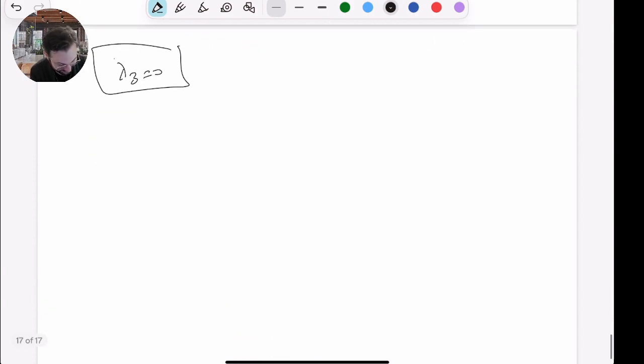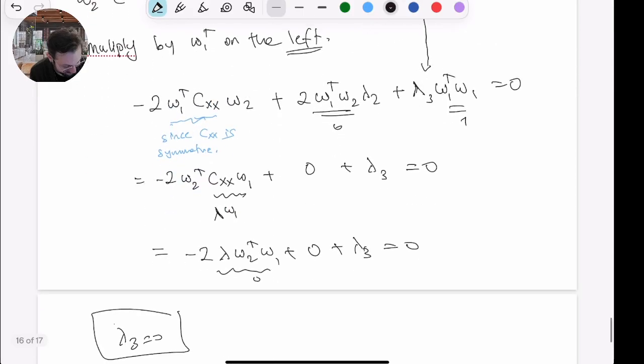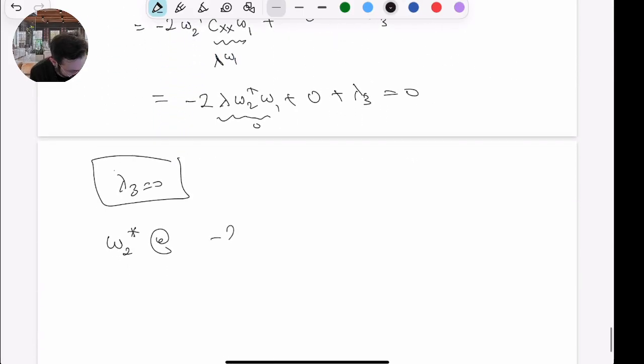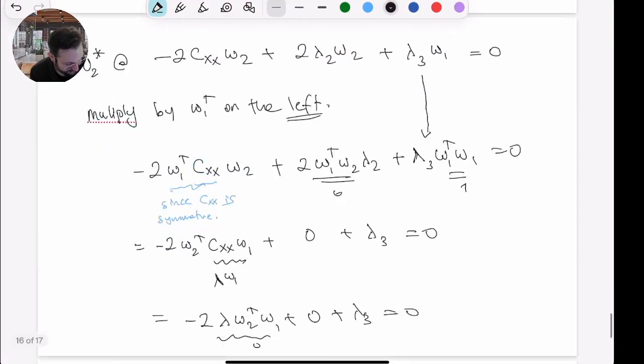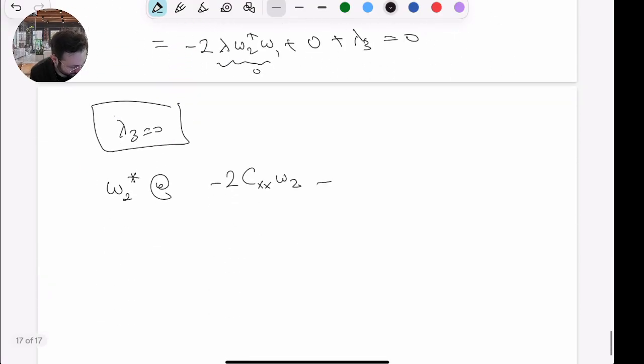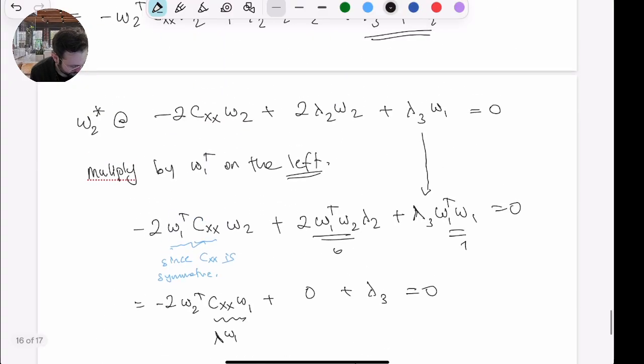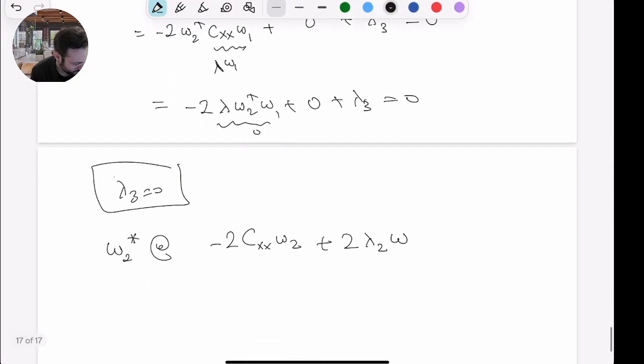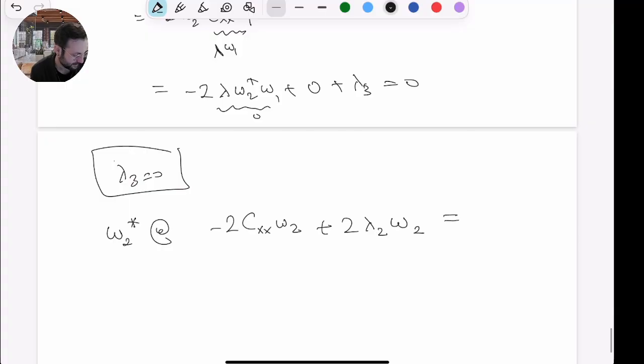So with this lambda 3, W2 star, the best second direction, is at negative 2 CXX W2 plus 2 lambda 2 W2 equal to 0.